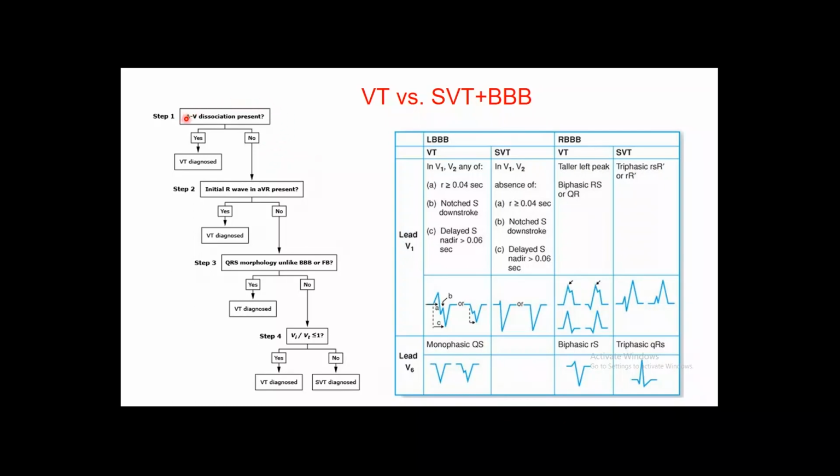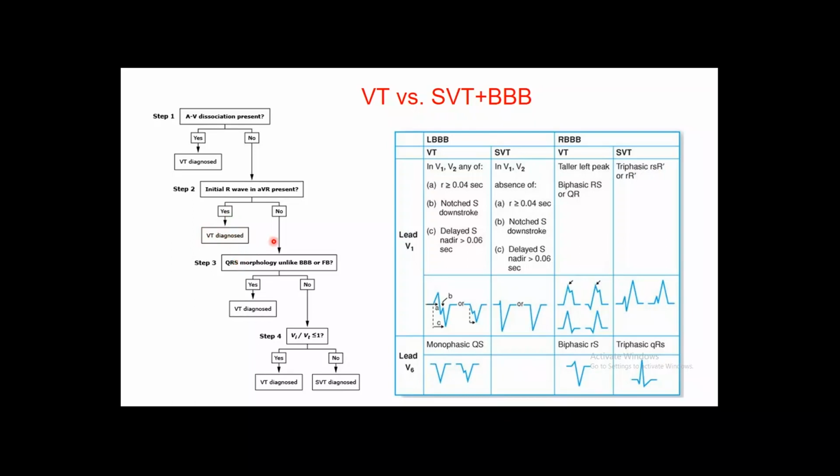If there is AV dissociation, that means that there is lost relationship between the P wave and the QRS complex. If it is lost, that means that the rhythm of the heart is arising from the ventricle, so VT is diagnosed. If not, we move to the next step. If we have initial tall R wave in aVR, this goes with VT.